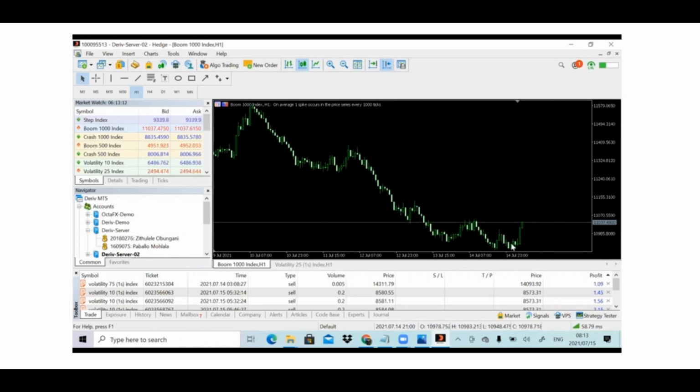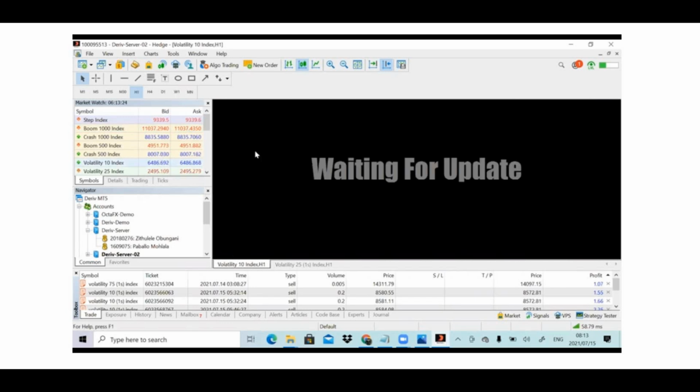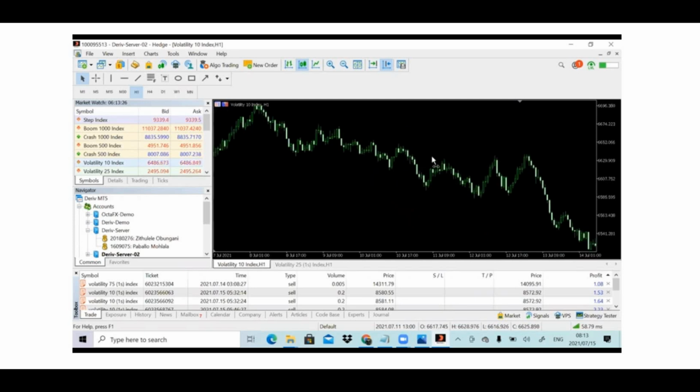You have a double bottom here. Let's check this one here. You have a double bottom here, and the triple top right there. 1, 2, 3.